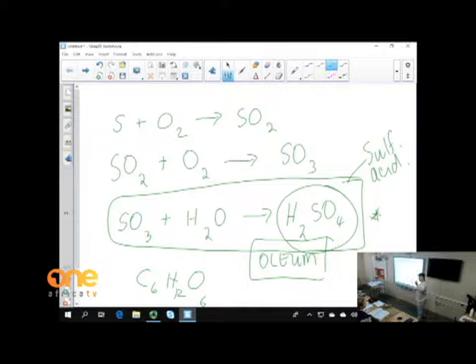You can control the amount of oleum that you add, and you'll do it very carefully because it will become very hot. Okay? Now, the sulfuric acid that we buy in the laboratory is not in the form of oleum. It will be a highly concentrated sulfuric acid. Okay? It's just a very concentrated sulfuric acid.